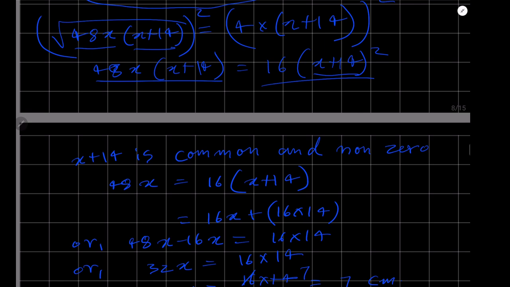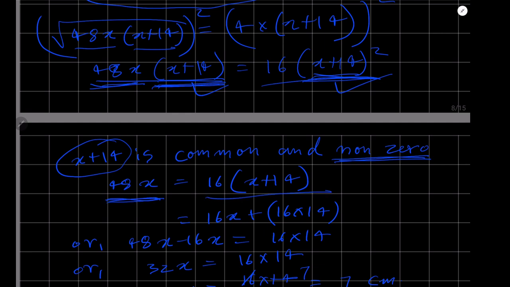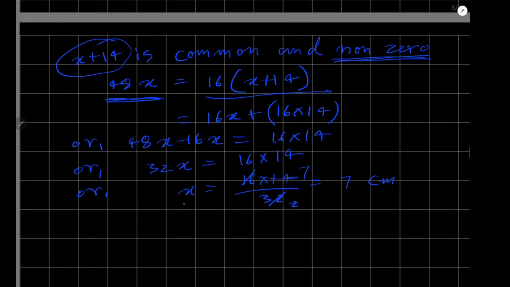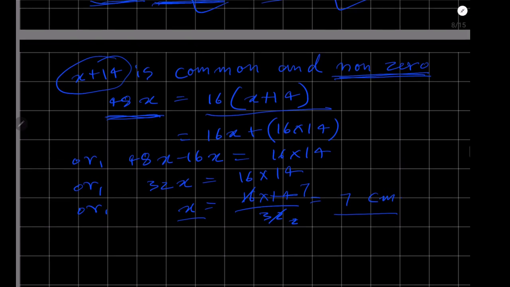Now we can see that x plus 14 is common factor in both of the sides, and it is non-zero because x will have some value. So for non-zero, we can easily cancel it. And if we have taken out x plus 14 from both sides, then we get 48x here, and then this side 16 times x plus 14. So simplifying it, we get the value of x is equal to 7 centimeter.